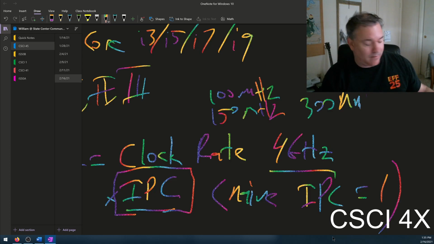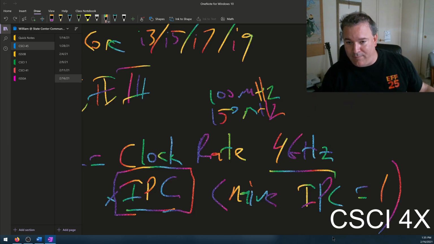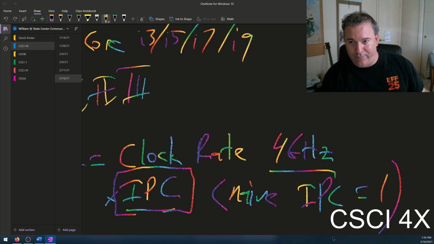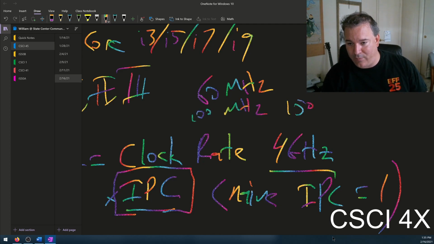My processors that I personally own, I went from a 60 megahertz CPU to a 100 megahertz CPU the next year, and the next year after that I went up to a 150 megahertz, which I could overclock to 300 megahertz, and that was a $90 CPU, which was amazing.